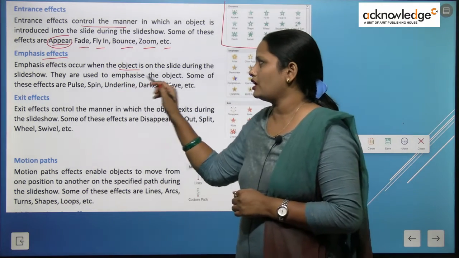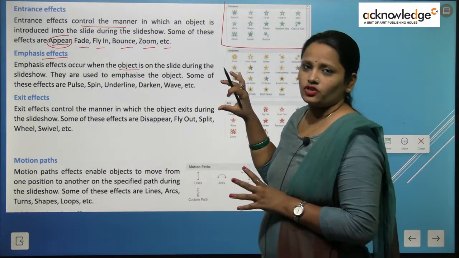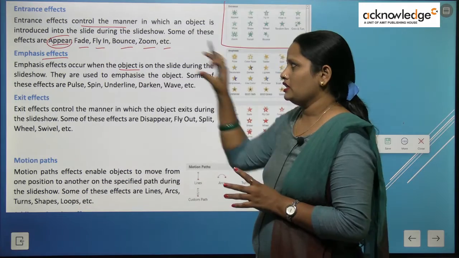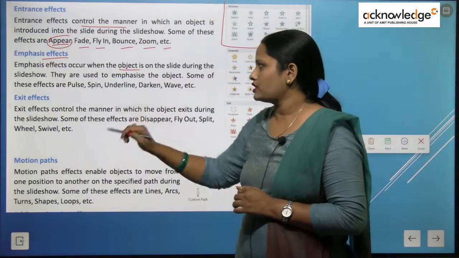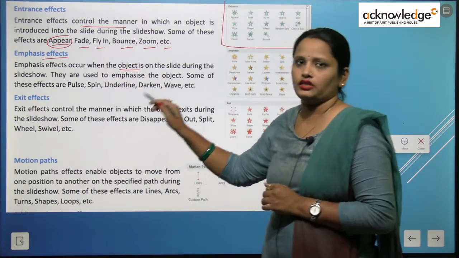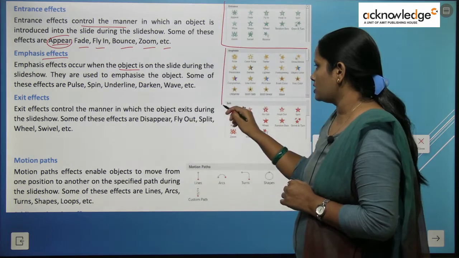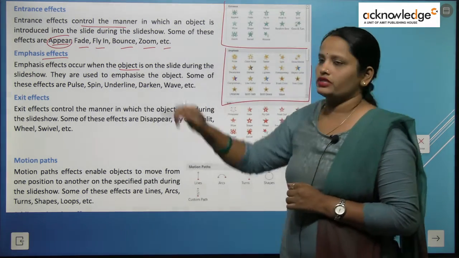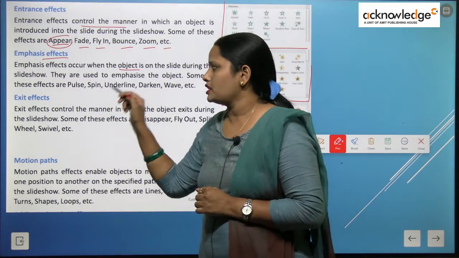So, to emphasize a particular object, this emphasis effect is used. Some of these effects are pulse, spin, underline, darken, wave and so on. So, here is the list of emphasize effects given.